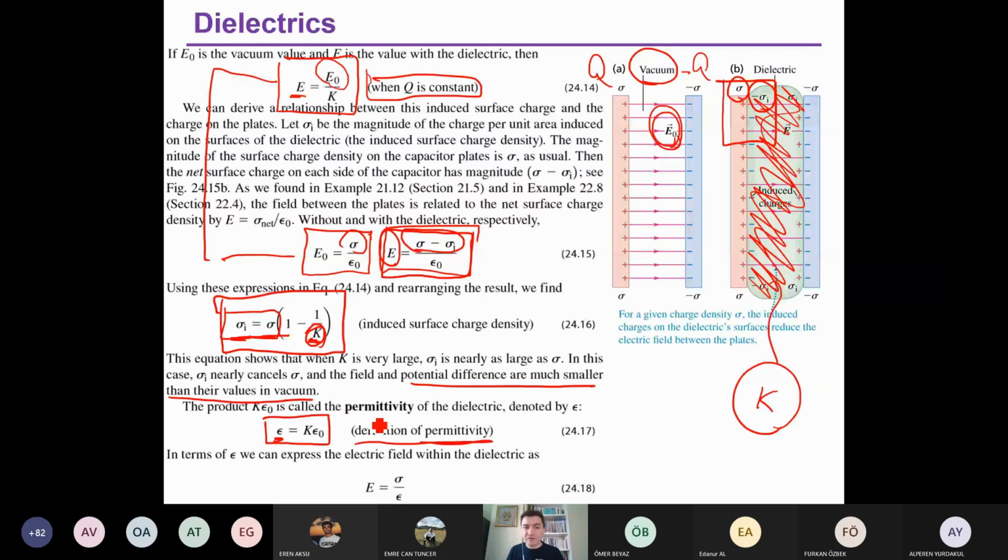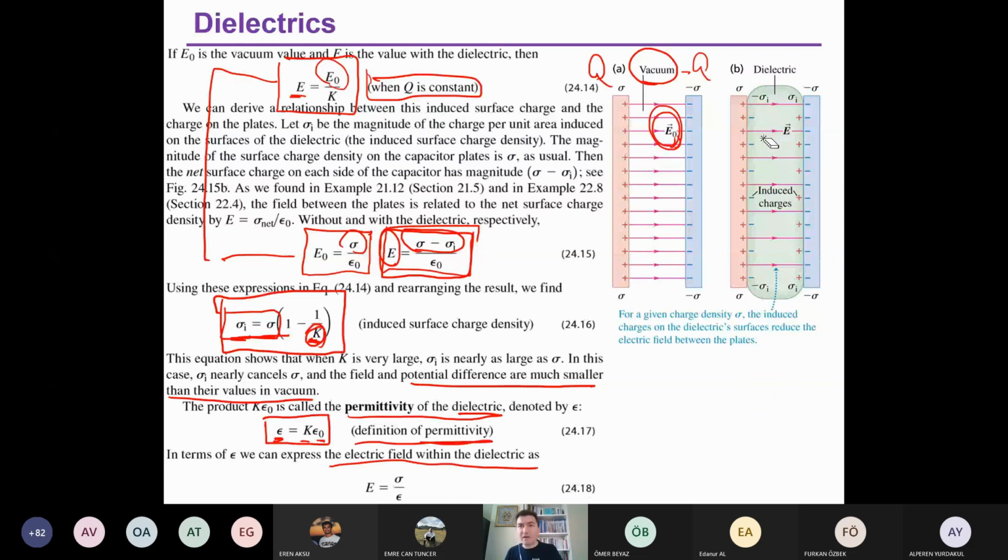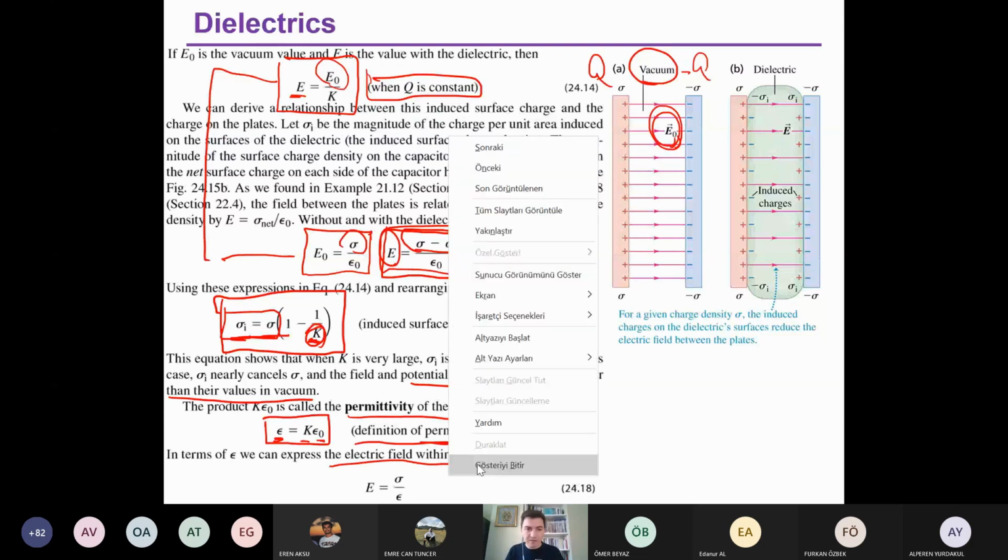And finally, the electric field within the dielectric material. Remember the electric field here in this picture B. Here we have E, the electric field after inserting dielectric material. And this electric field can be expressed in this form, sigma over epsilon. This is not epsilon 0, this is epsilon, okay?